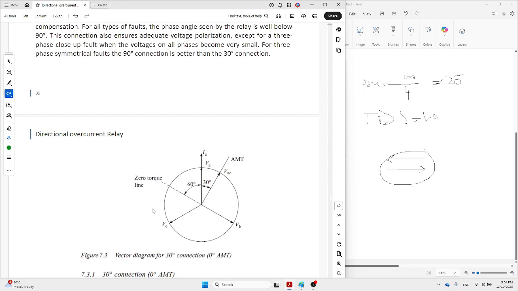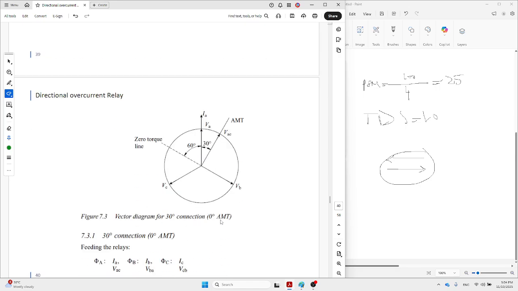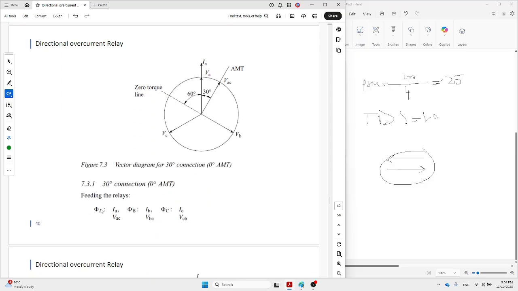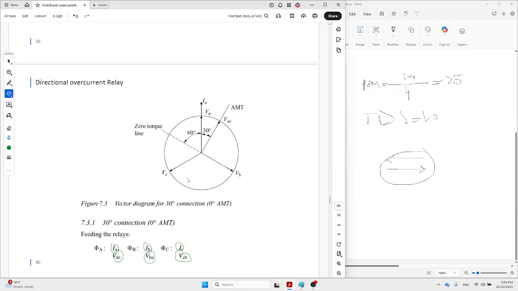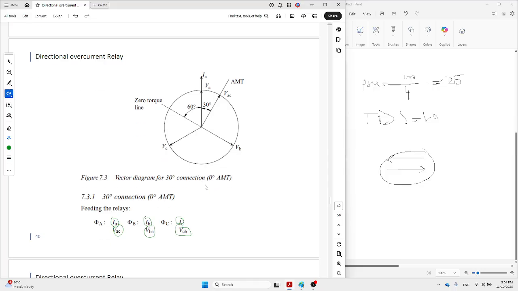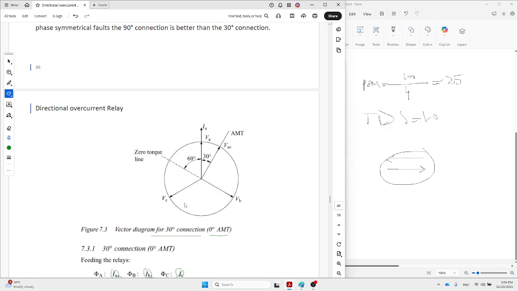Let's consider this 30-degree connection, AMT 0, 30-degree, where the phase of the relay is fed by the phase current. You can see this is phase A, phase B, phase C, and the voltages are VAC, VBA, and VCB. This type of connection is called a 0-degree AMT or 30-degree connection.